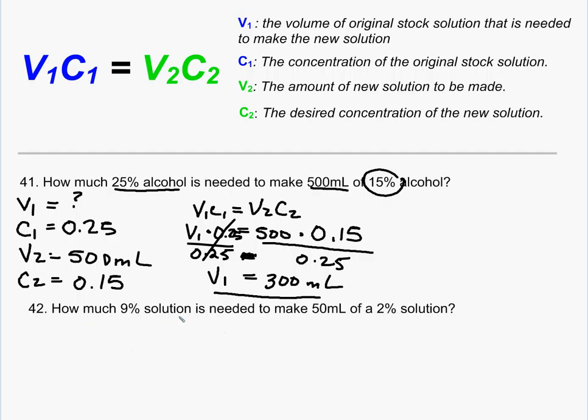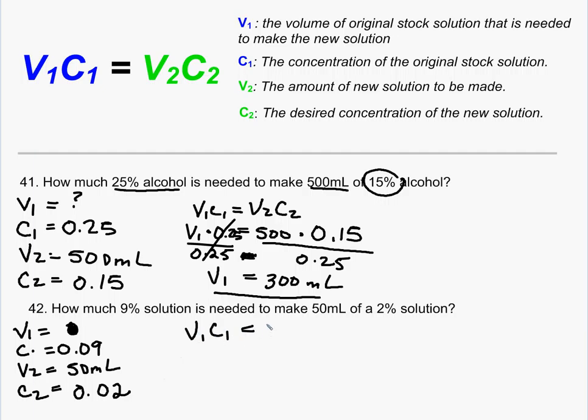42. How much 9% solution is needed to make 50 milliliters of 2%? So I'm just going to go through this one quickly because it's basically the same question over and over again. That's my unknown. So I have 0.09 concentration. My new volume is 50 milliliters, and my new concentration is 2%, and again I'm going to make sure that I write that in correctly.